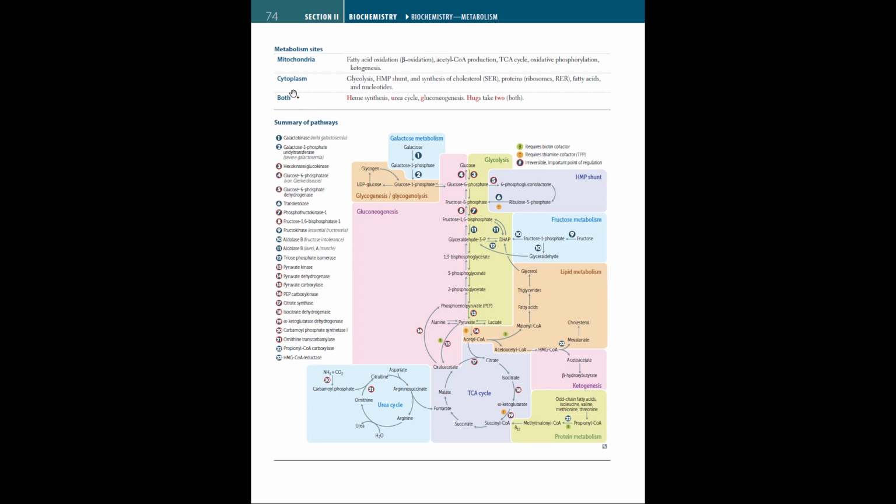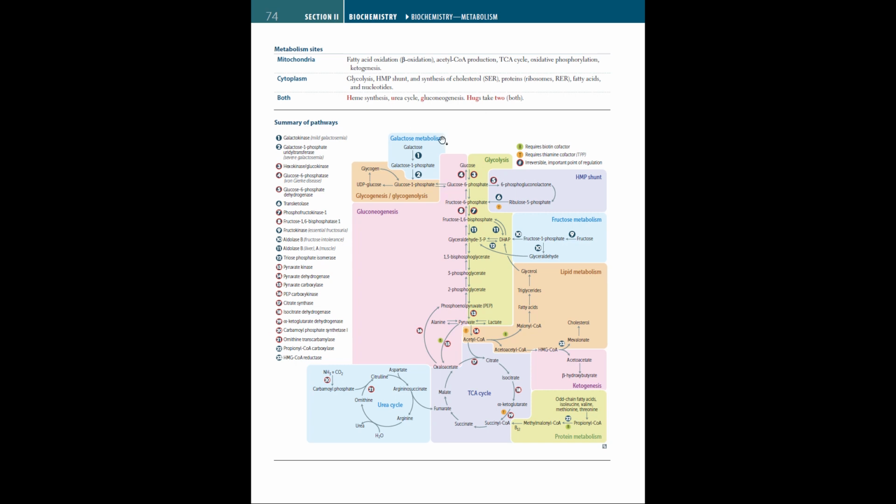In both metabolism sites, mitochondria and cytoplasm, we have heme synthesis, urea cycle, and gluconeogenesis. The mnemonic for this is HUGS take 2, 2 for both. HUGS: heme synthesis, U for urea cycle, and G for gluconeogenesis.